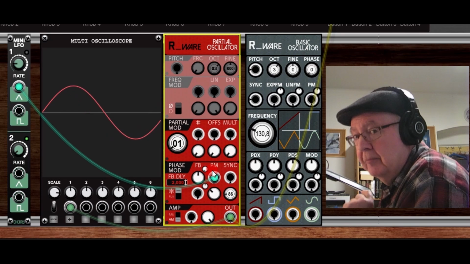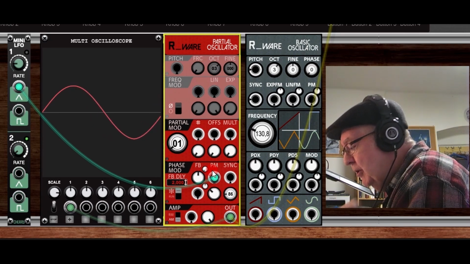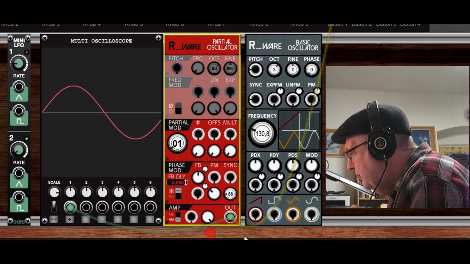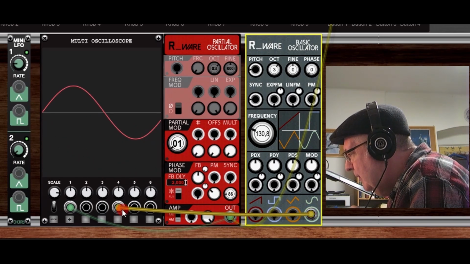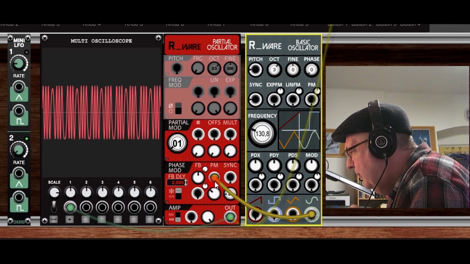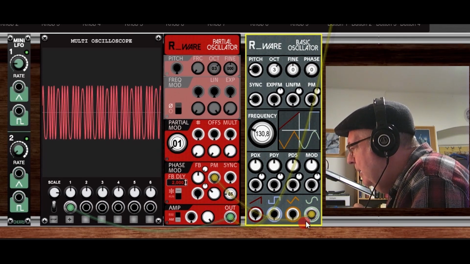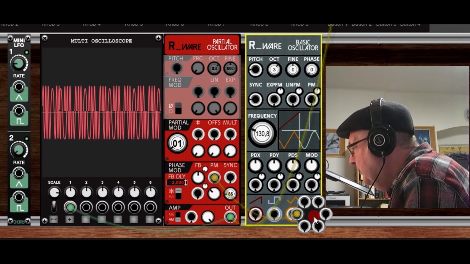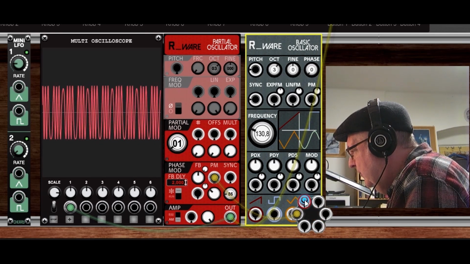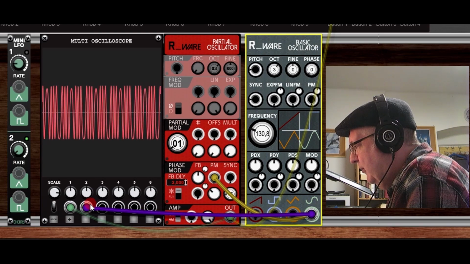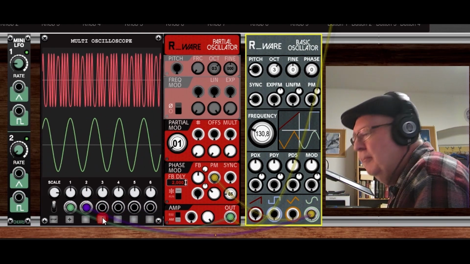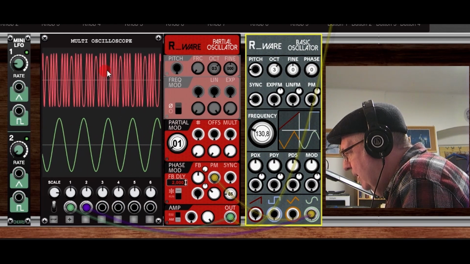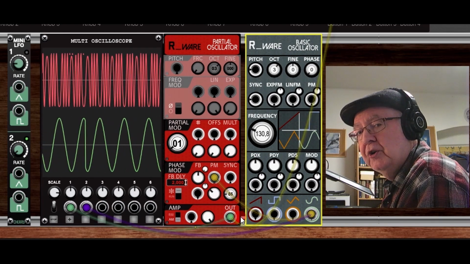But the real fun begins when I modulate the phase at audio rate. Let me do so. And let me patch the output of the modulating basic oscillator to the oscilloscope as well, so that we see both the original wave here and the output of the partial oscillator.